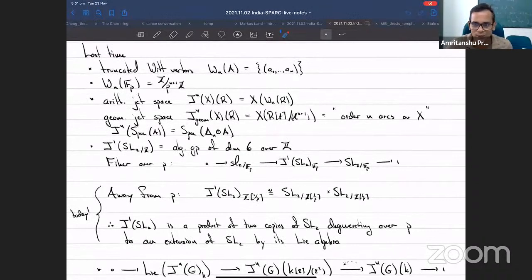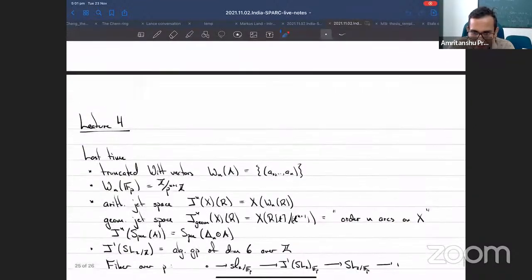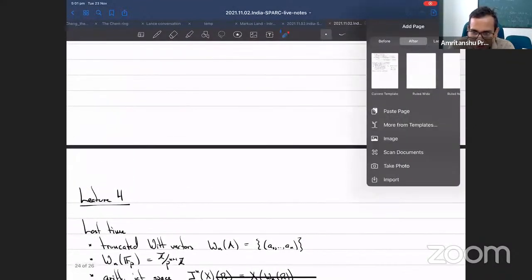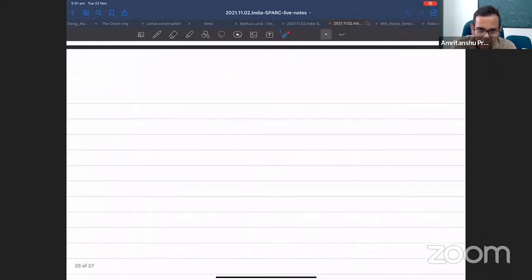Actually, I just wanted to confirm. So you said that there are three different rings: W_n of F_p, Z mod p^(n+1) Z, and F_p[t] mod t^(n+1). Okay, let me write these down.